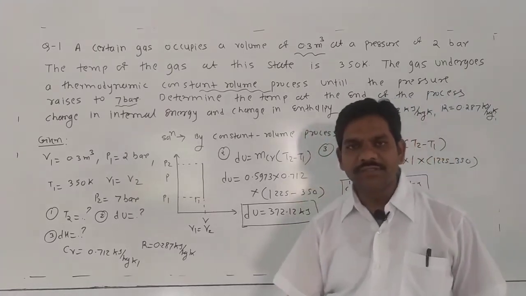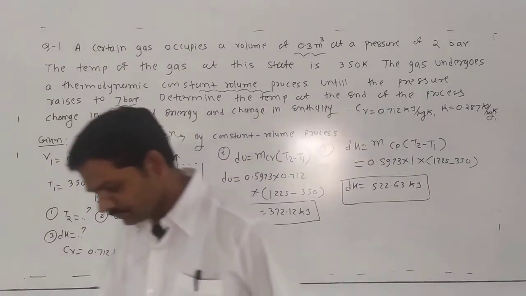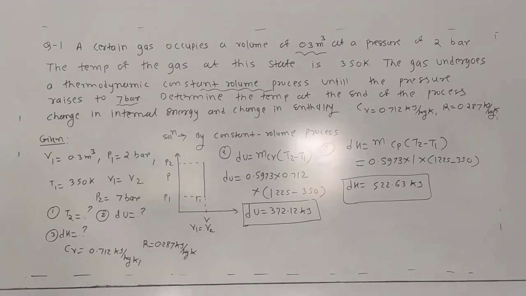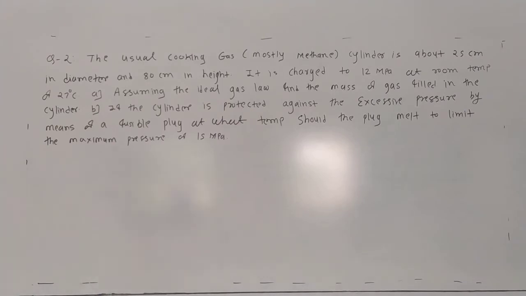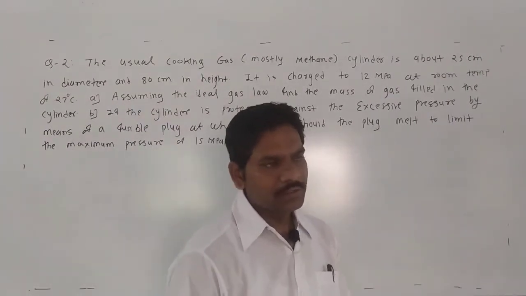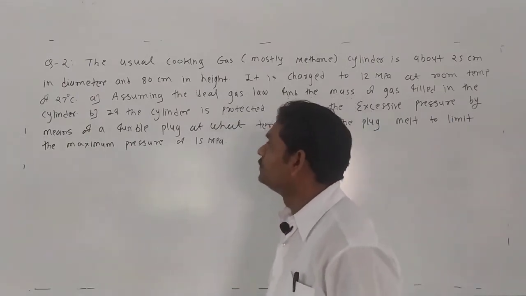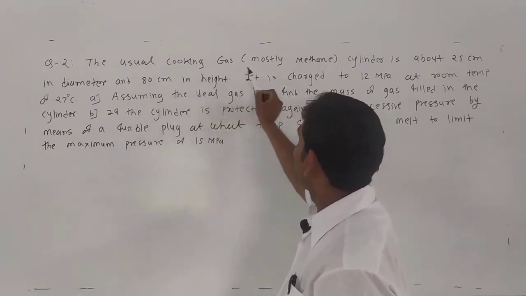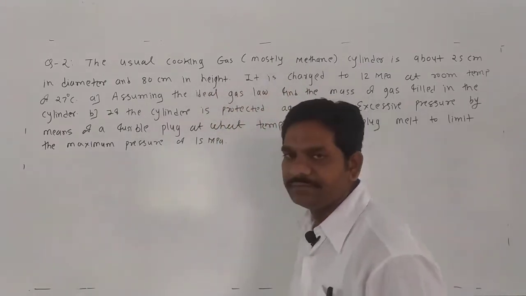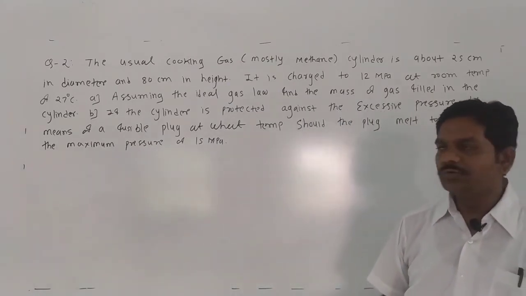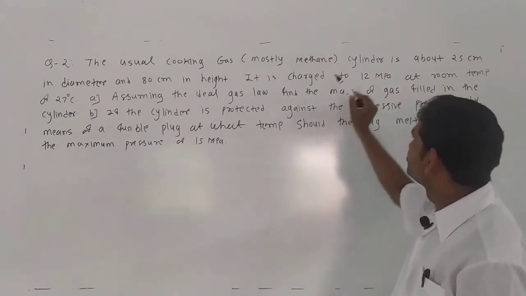Okay. Let's see another problem, number 2. So let's solve problem number 2. See here, the usual cooking gas, mostly methane. We know, boys, that in cooking methane gas is used.